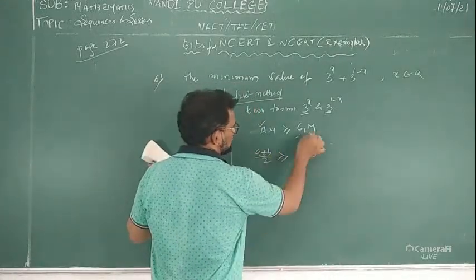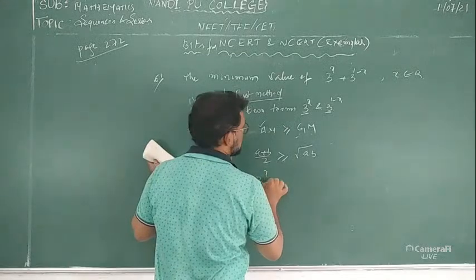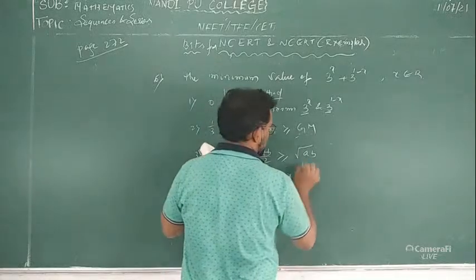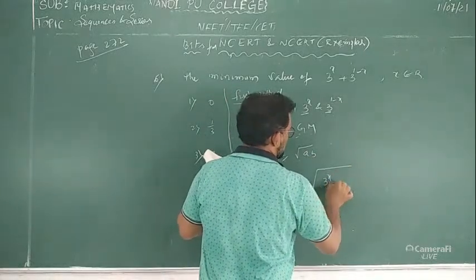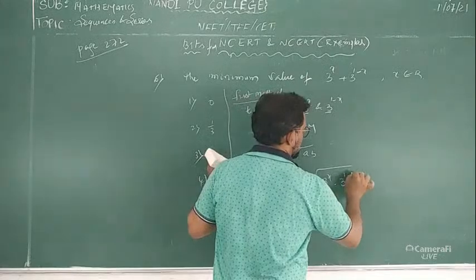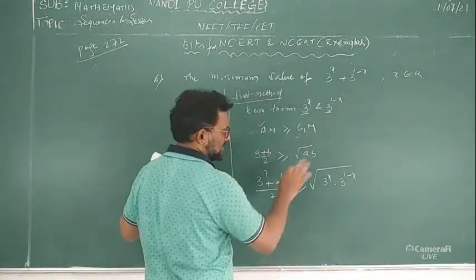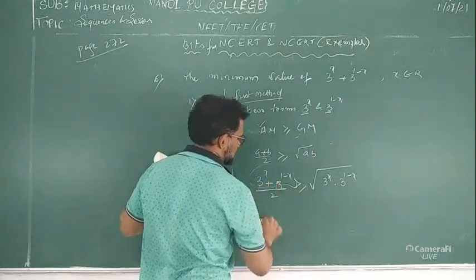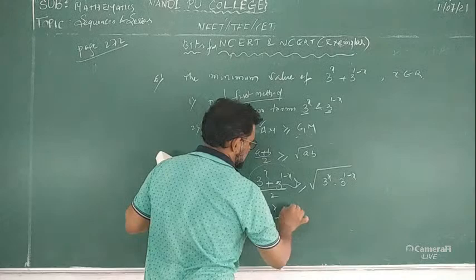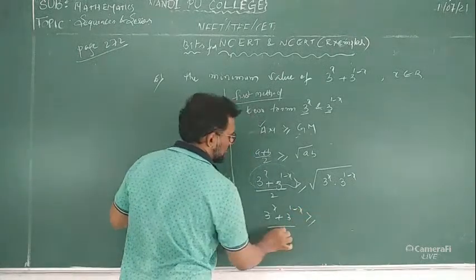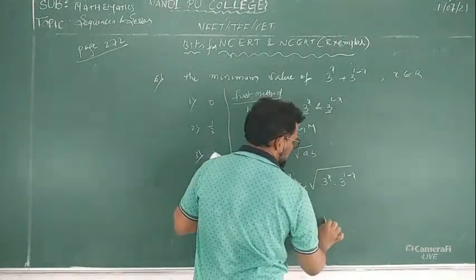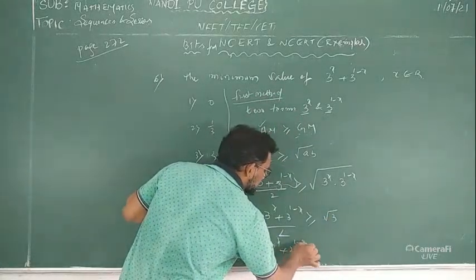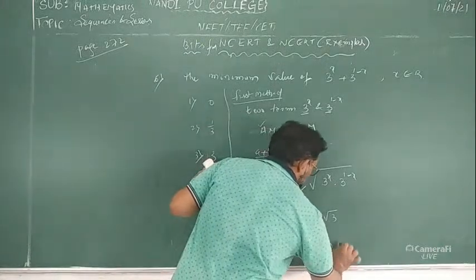So therefore 3 power x plus 3 power 1 minus x by 2 is greater than or equal to root of 3 power x into 3 power 1 minus x, which is root 3. So 3 power x plus 3 power 1 minus x is greater than or equal to 2 root 3.